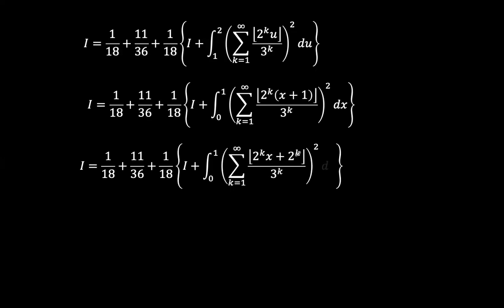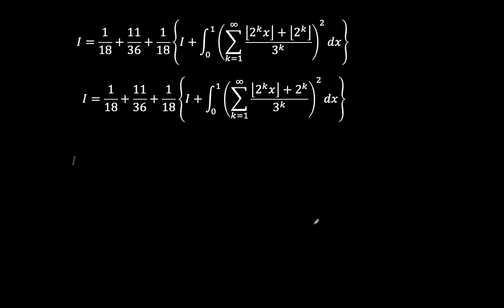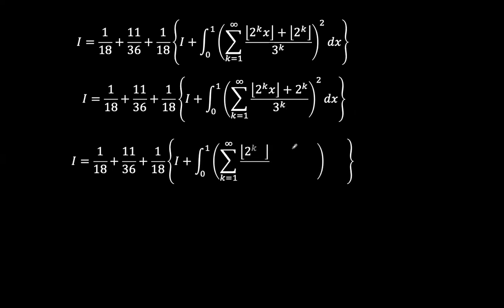So we know for sure 2 to the power k is an integer. So that means that this is the same as the floor function of 2 to the power k x plus 2 to the power k, or the floor function of 2 to the power k. So the floor function of an integer is the same as that same integer, right? The 2 to the power k comes out. Now 2 to the power k divided by 3 to the power k is that extra summation term.